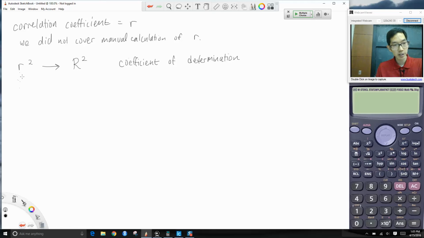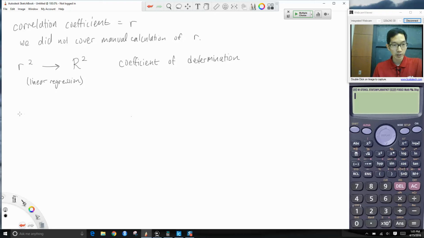R squared, big R squared, applies only for linear regression, which is the regression we've covered in this class. If you take more statistics classes or a class on regression in the future, this relationship no longer holds.